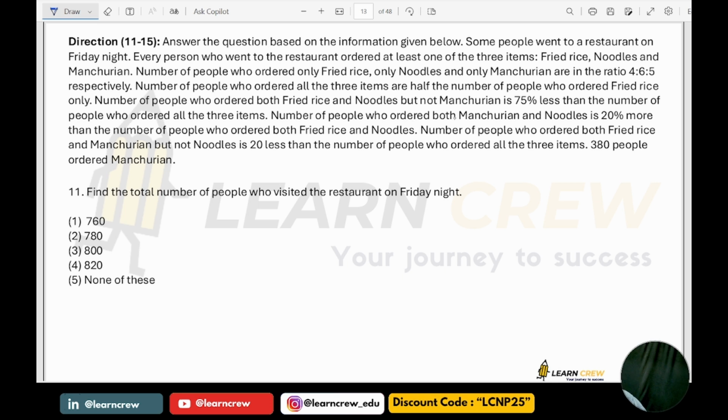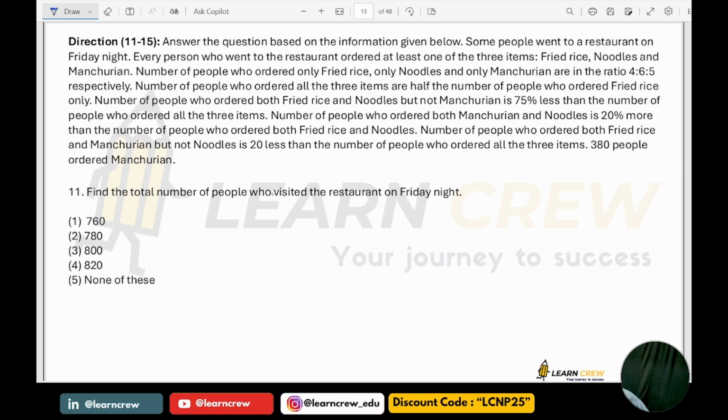Number of people who ordered both Manchurian and noodles is 20% less than number of people who ordered both fried rice and noodles. Number of people who ordered both fried rice and Manchurian but not noodles is 20 less than number of people who ordered all 3 items. 380 people ordered Manchurian. So please see here, this is fried rice, noodles and Manchurian.